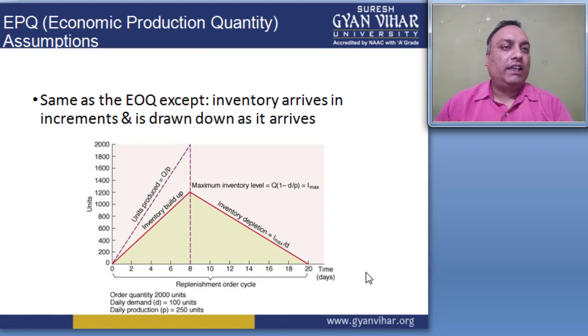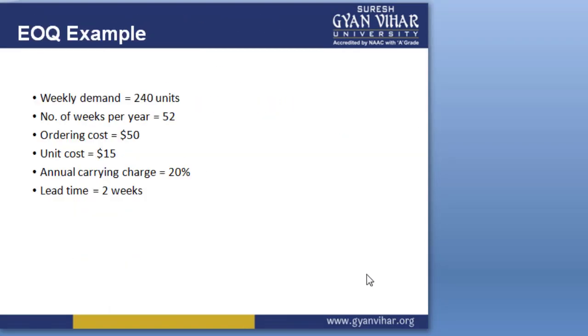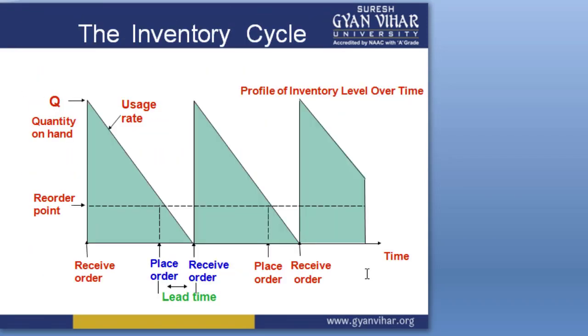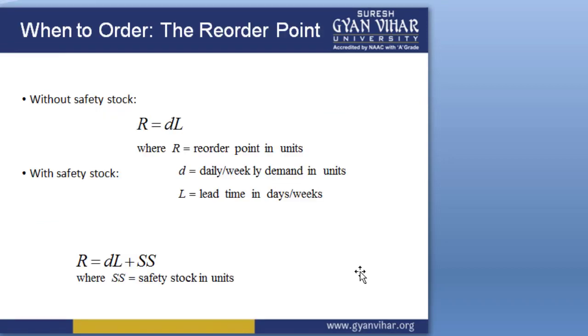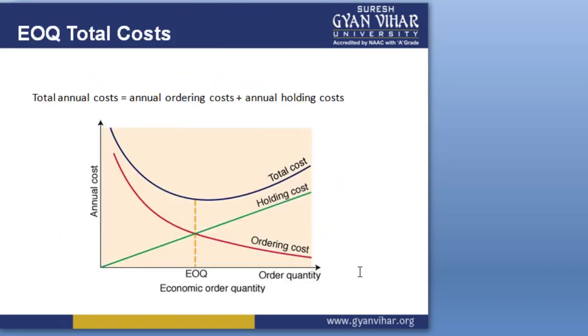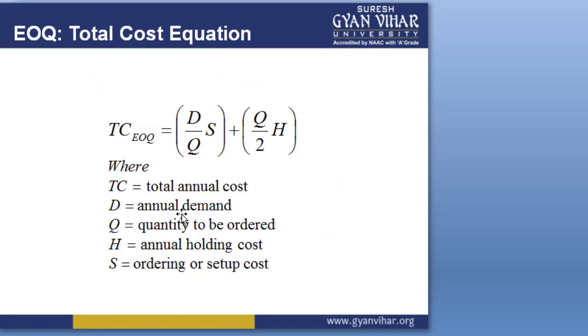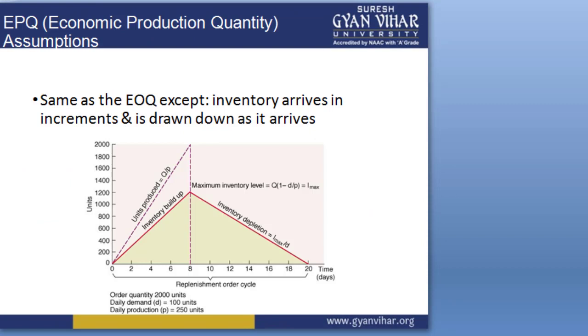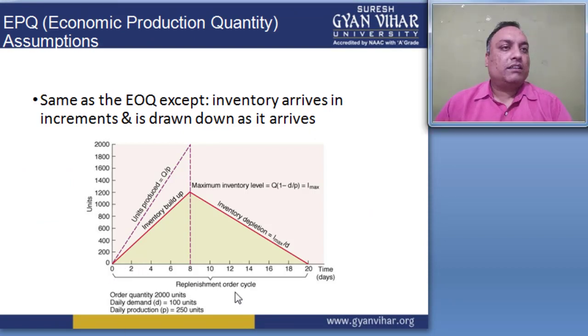So what is D in this case? D is the annual demand, right? D is the annual demand for this case, and the order quantity here is 2000 units.